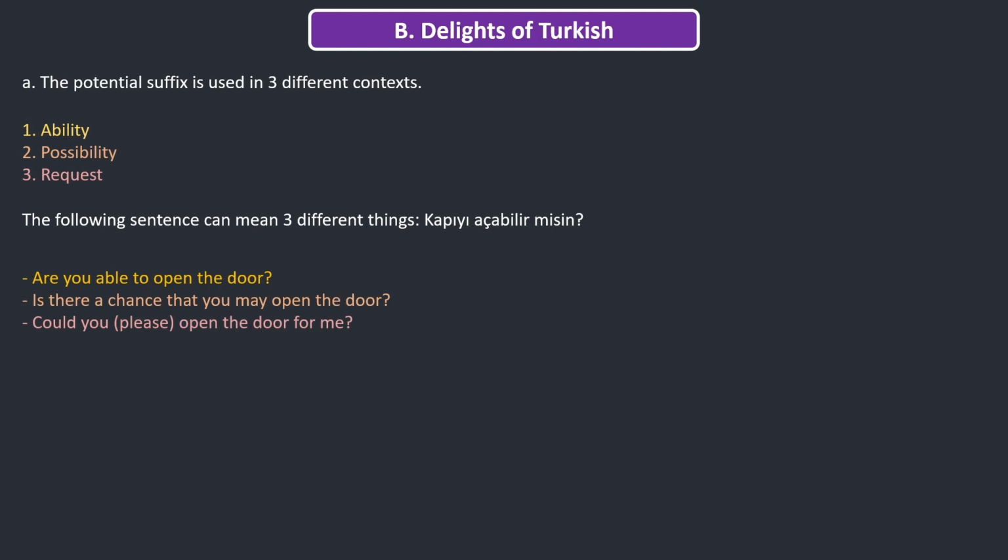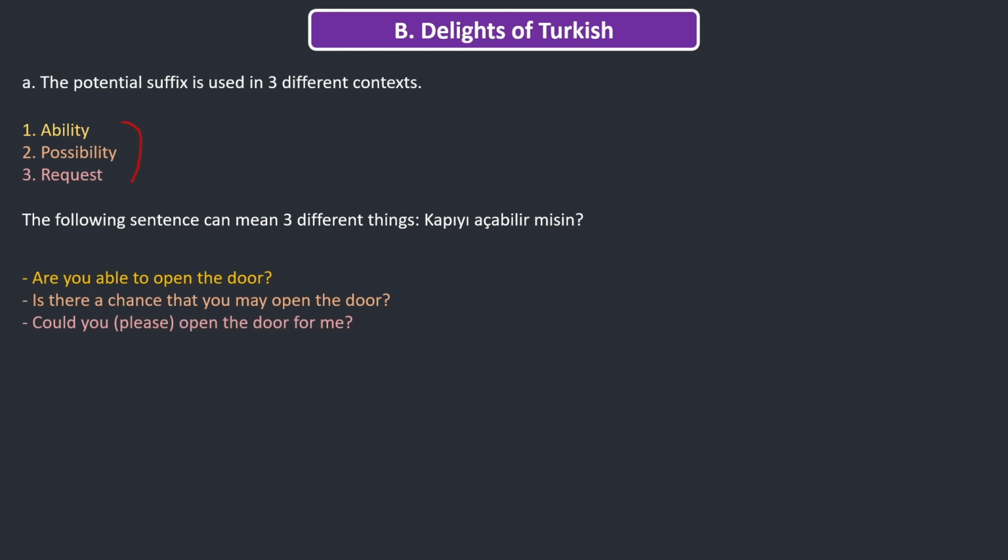When we go to the negatives, we will use three different suffixes for each of these. So far we were having them with abil only. But like açabilir misin, açabilir misin, açabilir misin. When we talk about the negative, actually I will not spoil that part.